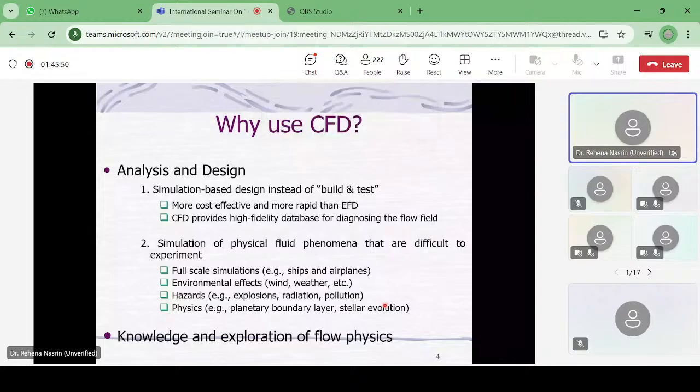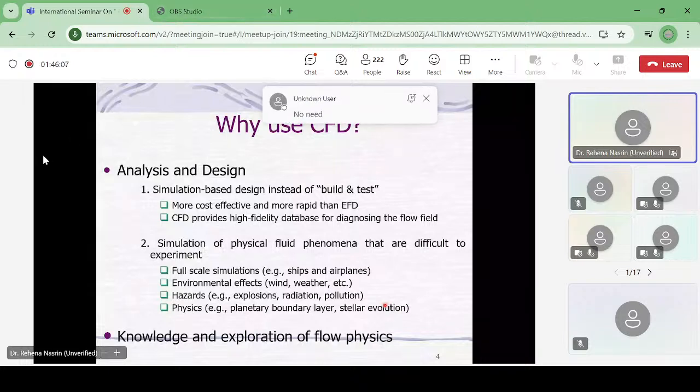Then we can use this data with machine learning approaches, like artificial neural network, or statistical analysis like response surface methodology.